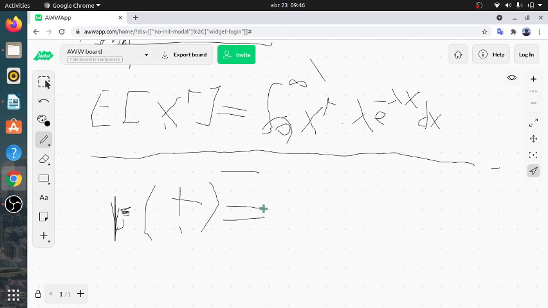The gamma function with a variable t is the integral from 0 to plus infinity of x to the power t minus 1 multiplied by e to the minus x.